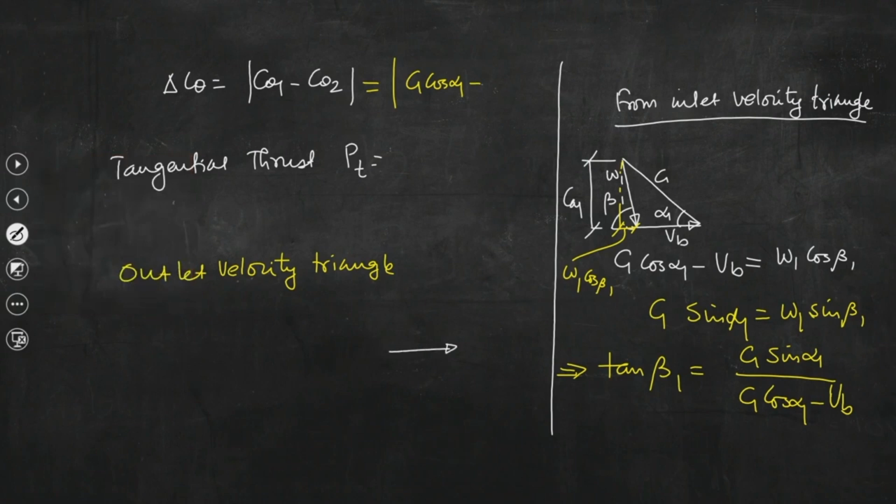This is VB, right. This is C2, this is W2, and this angle is beta 2, and this angle is delta.